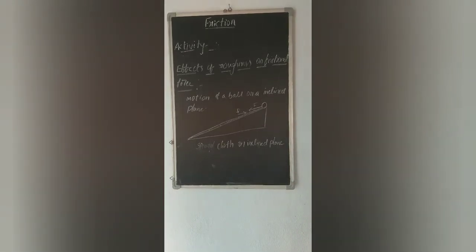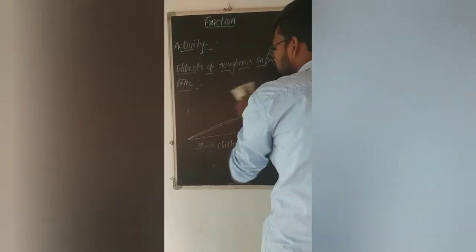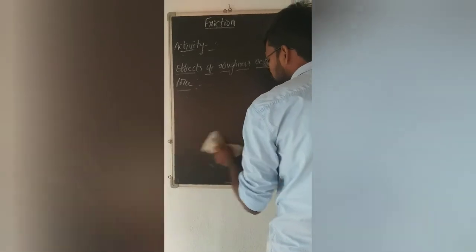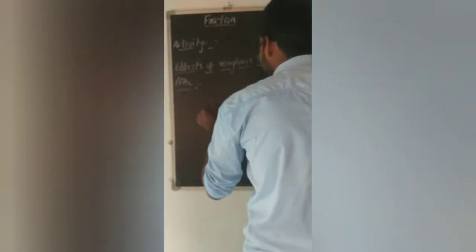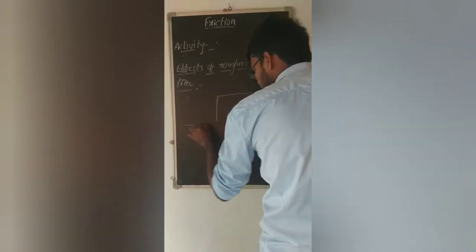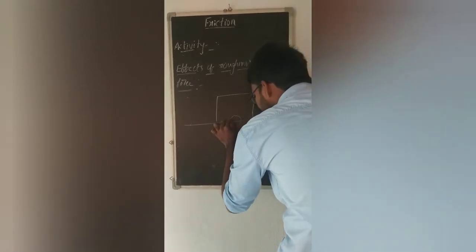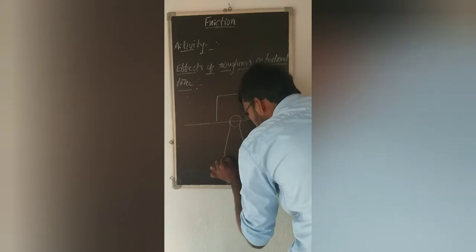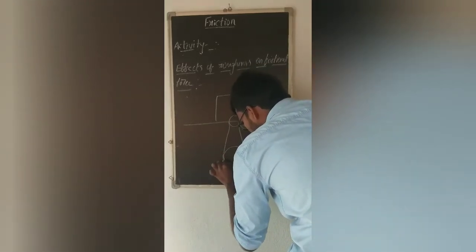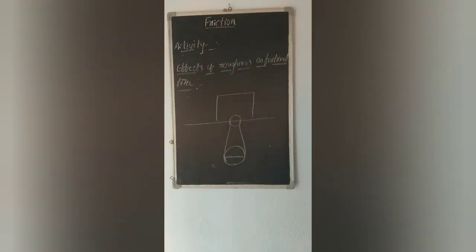If we observe the ball as well as the surface of the inclined plane, both have roughness. How will it look if we observe from the diagram? So this is the diagram, and this is the ball. Like this it will act, and this is the force.